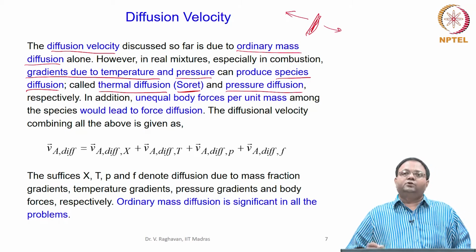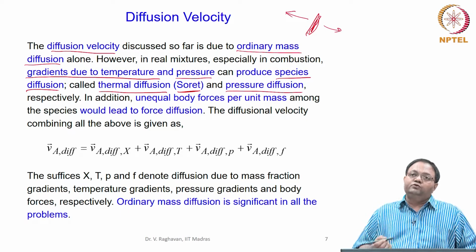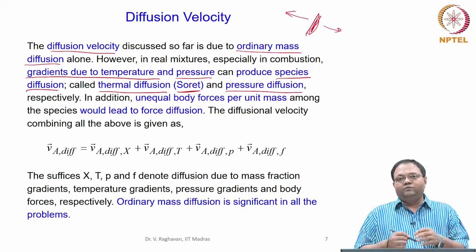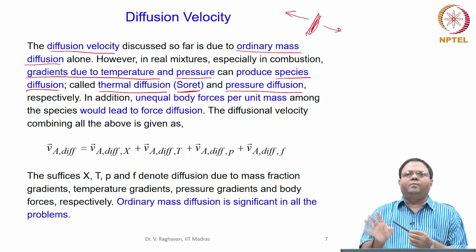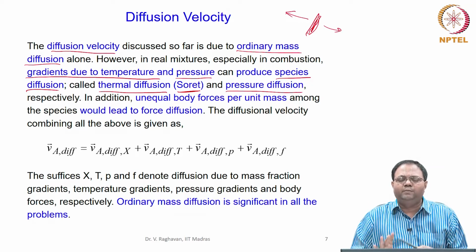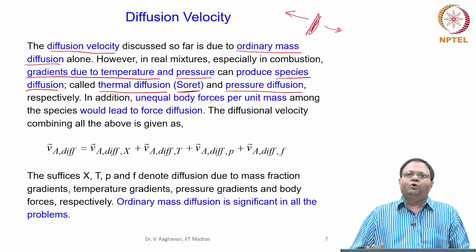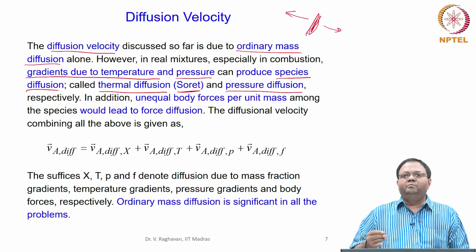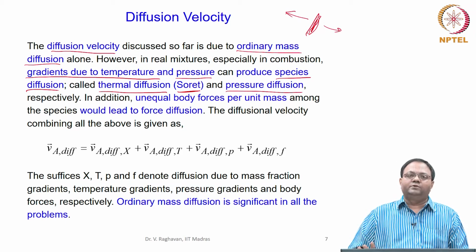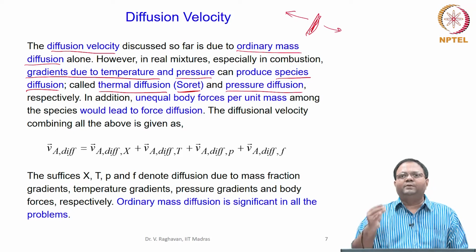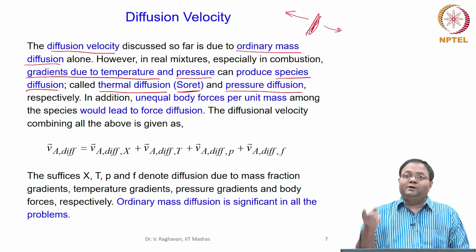So, these are the two additional diffusion velocities which you will get. One is due to the ordinary diffusion, which is very common for any multi-component mixture, even if it is not a reactive flow. A normal flow with a multi-component mixture may have some small temperature gradient, so the temperature-based diffusion can be neglected, but the ordinary diffusion is still important there, okay.